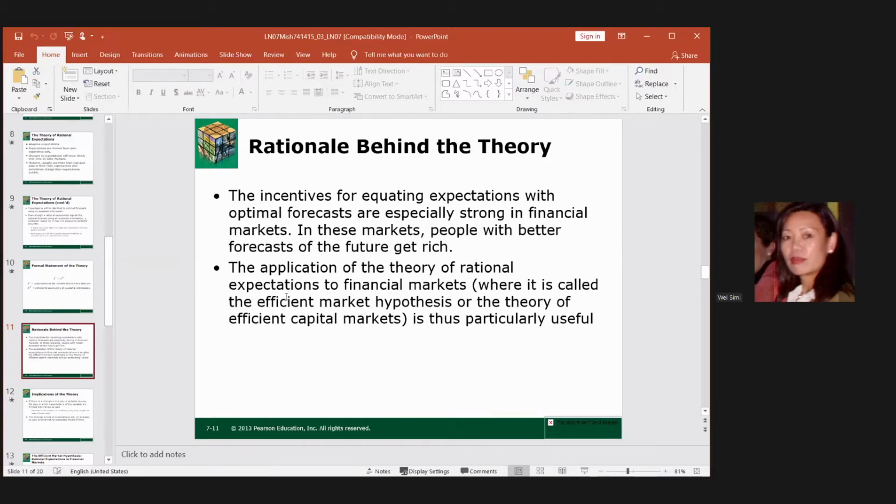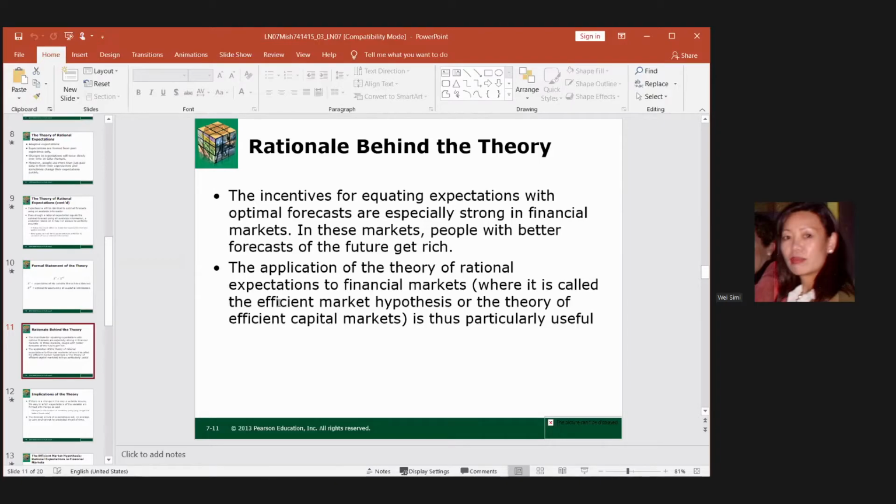Okay, next one. The application of the theory of rational expectations to financial markets, which we just did, is called the efficient market hypothesis, or the theory of market efficiency. Here there are two camps. People believe the market is efficient. If the market is efficient, you cannot time the market.